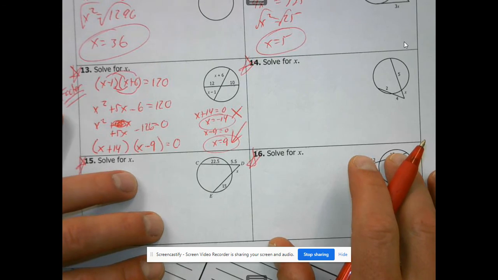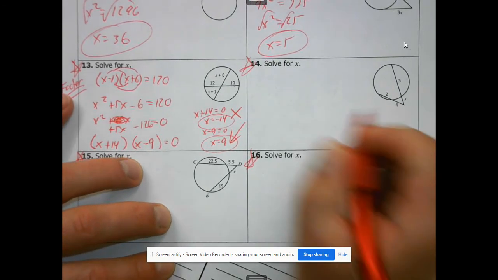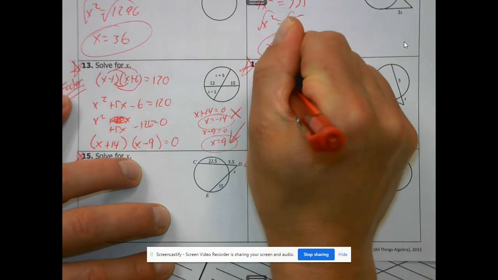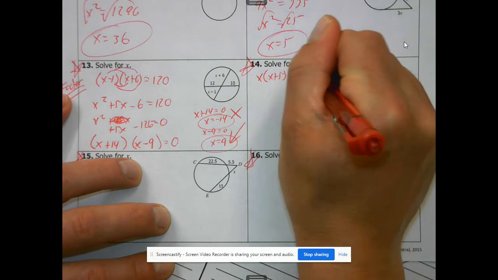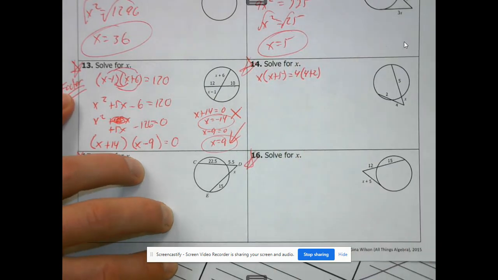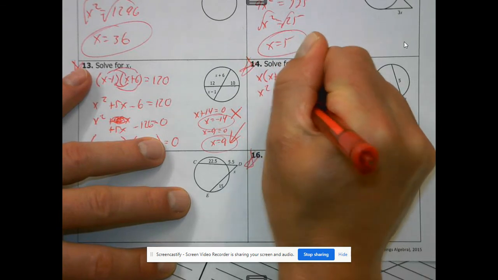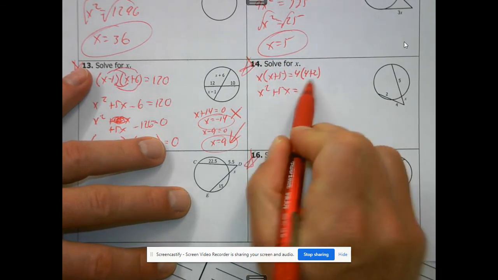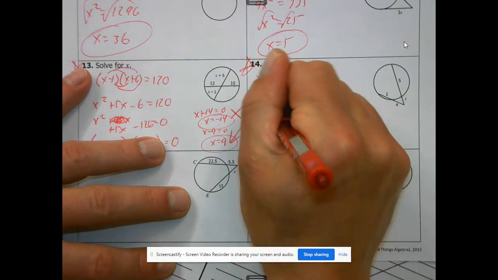All right, so moving a little quicker now with these ones. Two secant lines, right? X times x plus 5 equals 4 times 4 plus 2. Okay, left side, x squared plus 5x. Right side, if I type all that in, that gives me 24. Factor, subtract that 24 over.